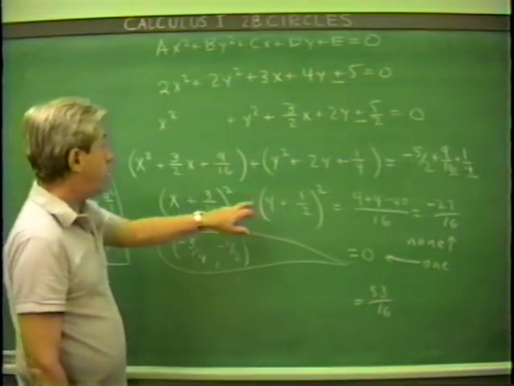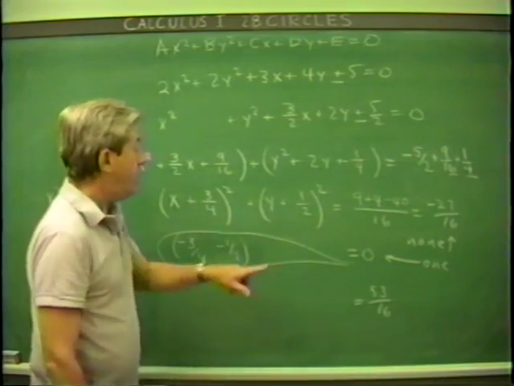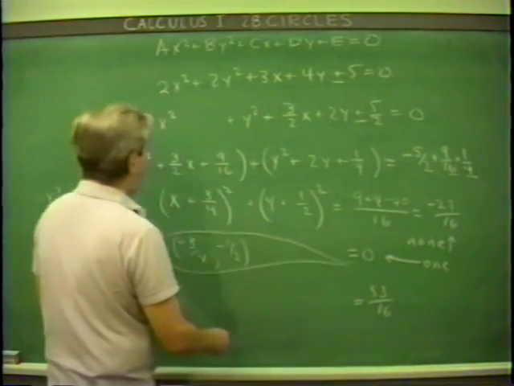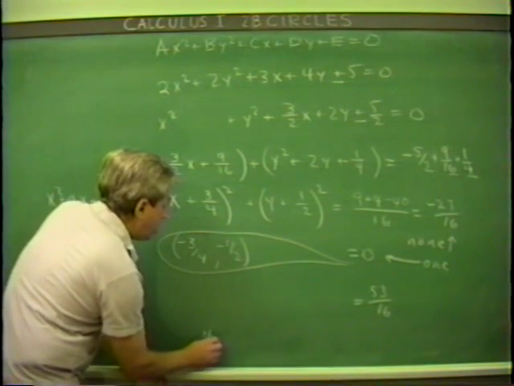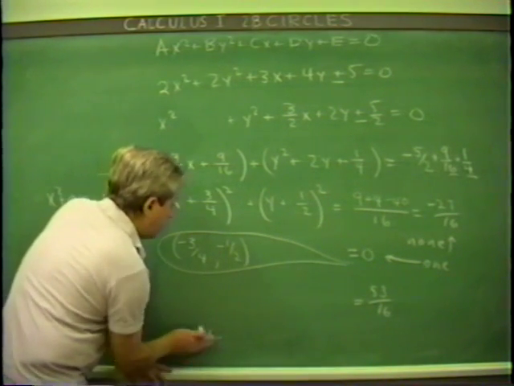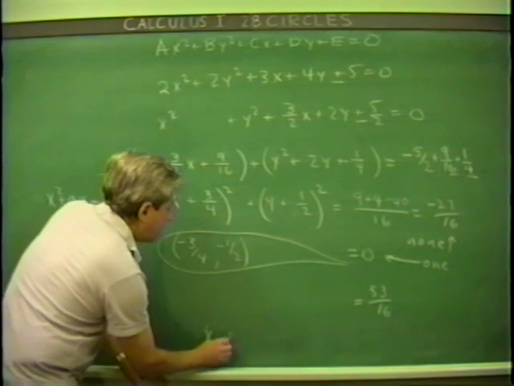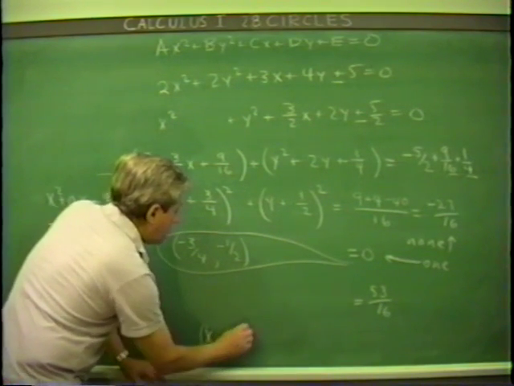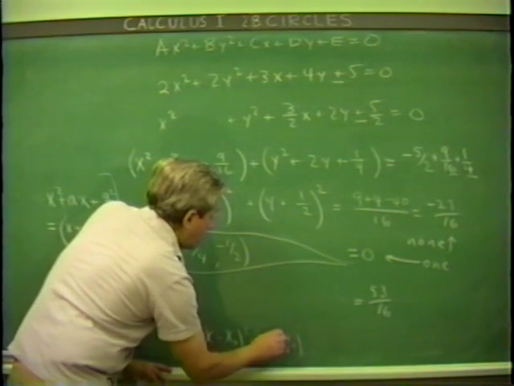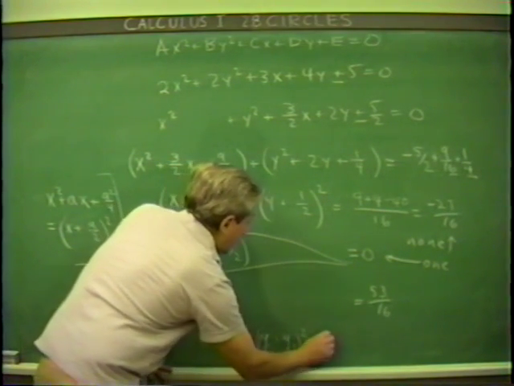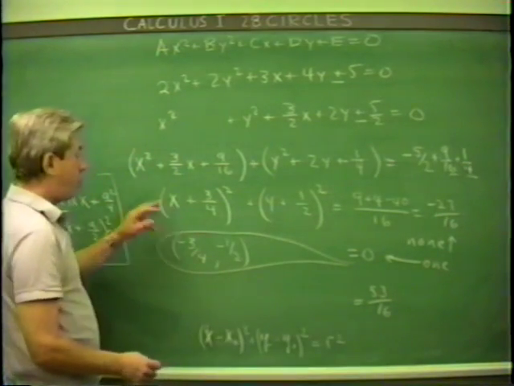x plus 3/4 squared, y plus a half squared is 53/16. Now, recall that the equation for the circle was x minus x naught squared plus y minus y naught squared is equal to r squared. Well, we can put this in this form.